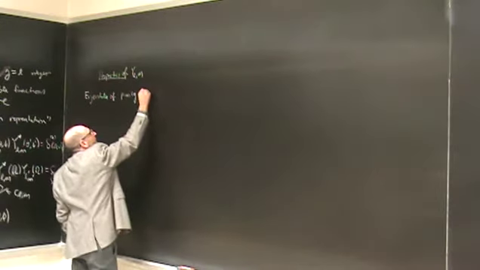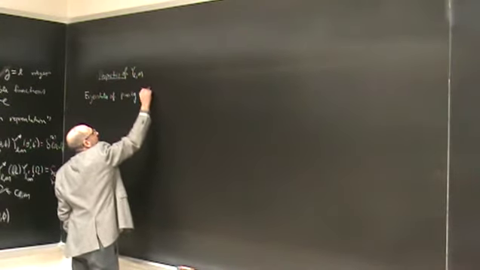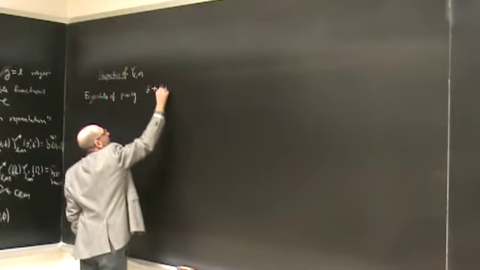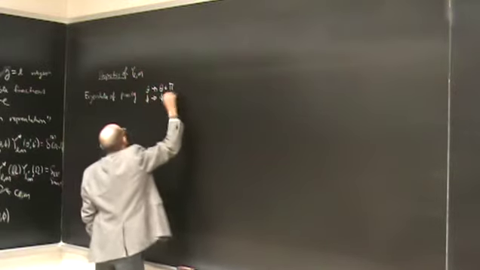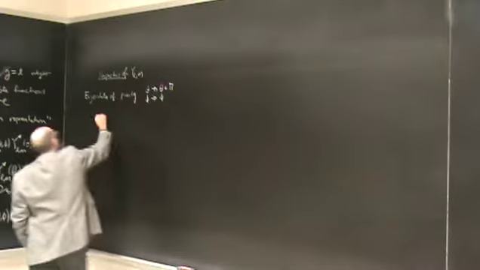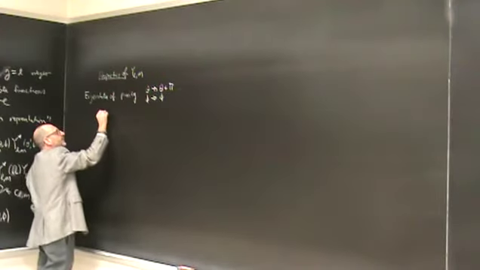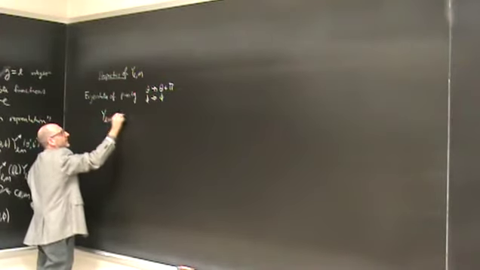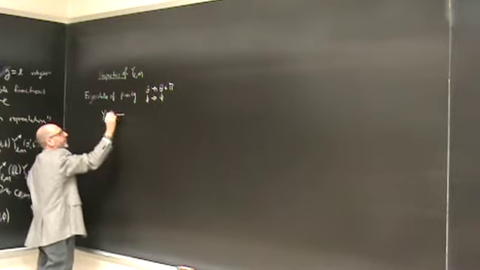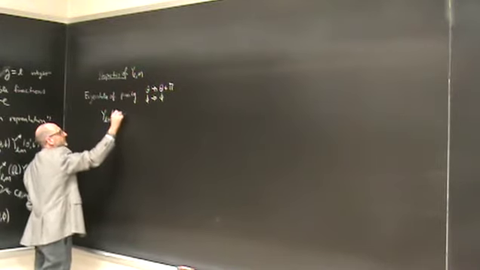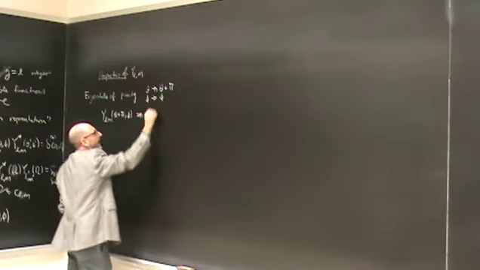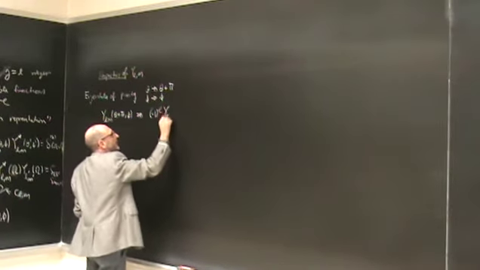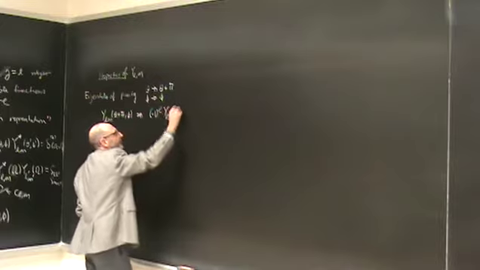A parity transformation just says that theta goes to theta plus pi. And under the parity transformation, the Y_lm is an eigenstate, and the eigenvalue is plus or minus 1.